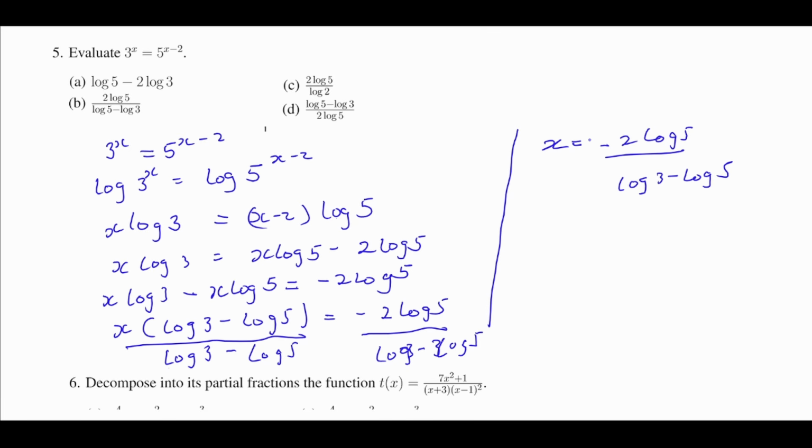Now we take the negative down, multiply through the denominator, and then we'll have x to be equal to 2 log 5 over log 5 minus log 3. Now when we get to this point, you can also choose to send the negative here and then bring the log 3 here.